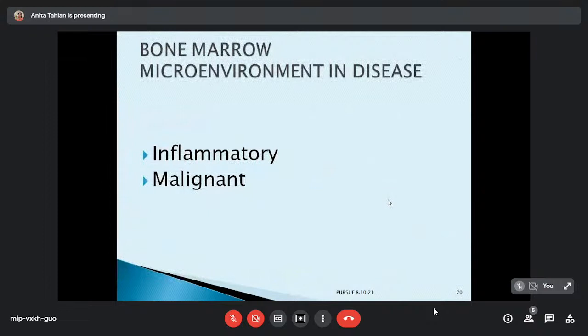The bone marrow microenvironment is affected in infection, inflammation, and benign as well as malignant conditions. The dysfunction of the interaction between the hematopoietic system and the progenitor cells leads to different disease states.